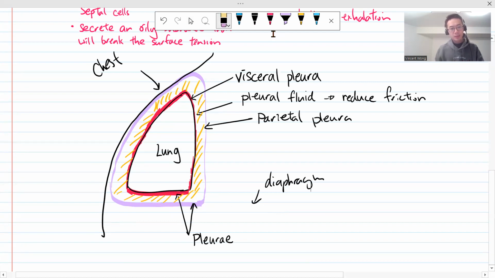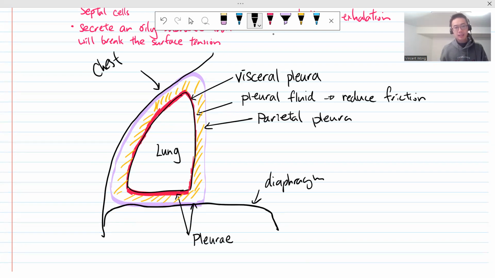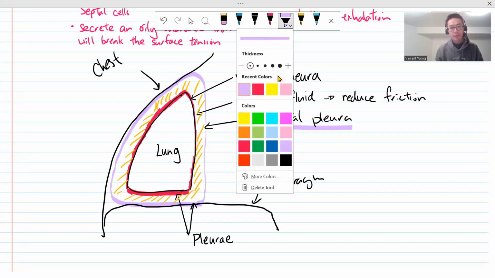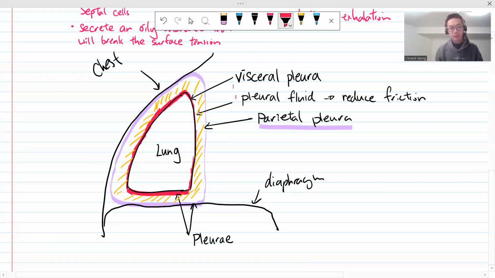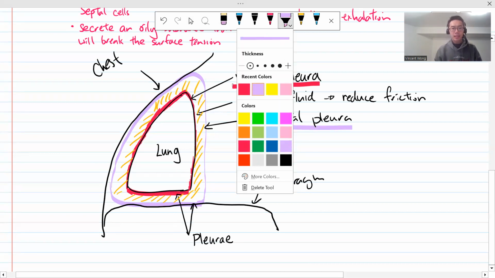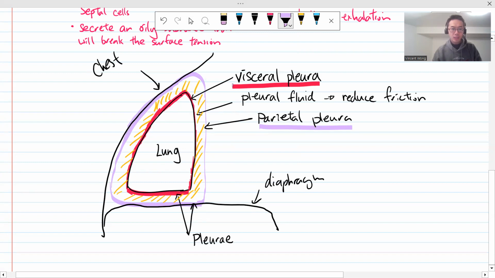So I want you to understand that the parietal pleura, which is the one on the outside, like the purple one here, is going to be attached to the inside of your chest wall.